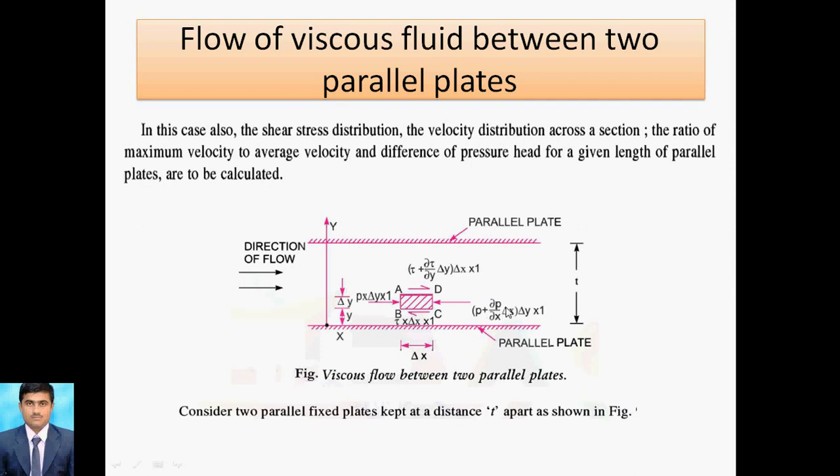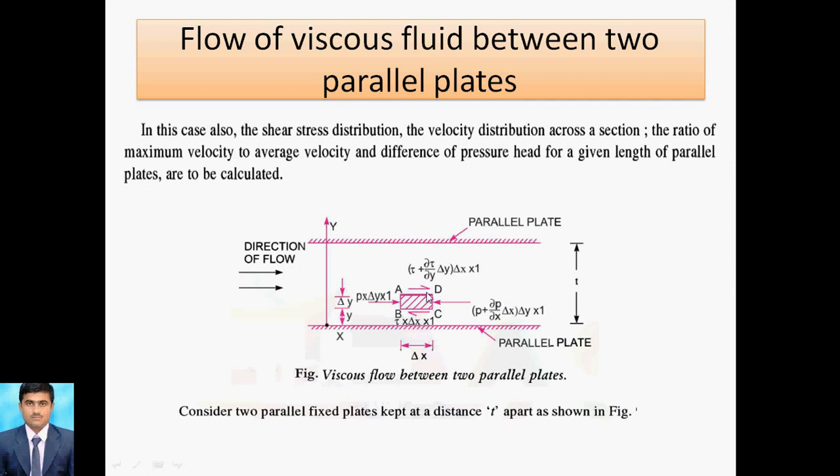If you put the value 0 here, only P delta y into 1 remains. Whenever there is a change in distance delta x, we compute like this: P plus dou P by dou x delta x, into bracket delta y into 1. So this is on face CD.